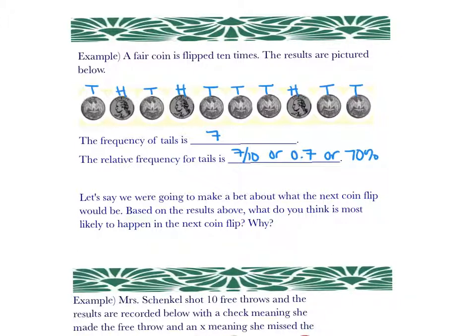Let's say you're going to make a bet about what the next coin flip would be. Based on the results above, what do you think is most likely to happen in the next coin flip? Heads or tails, and why? So in class, you guys had a lot of different ideas. A lot of people said, I'm going to pick tails because it looks like that's what's happened more times. I'm going to go with my relative frequency.